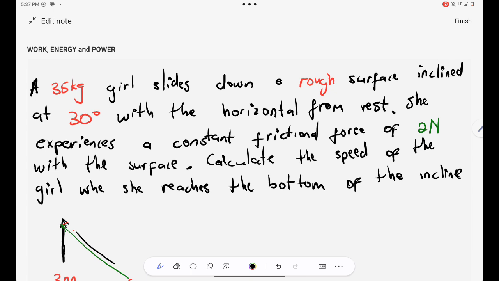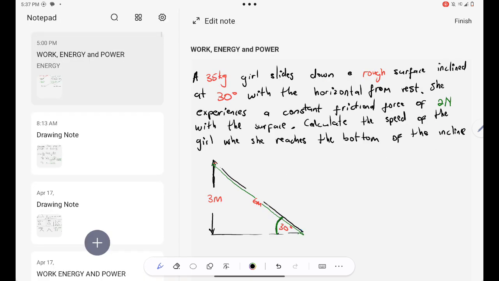We are told that a girl slides down a rough surface inclined at 30 degrees with the horizontal from rest. She experiences a constant frictional force of 2 newtons with the surface. We must calculate the speed of the girl when she reaches the bottom of the incline.